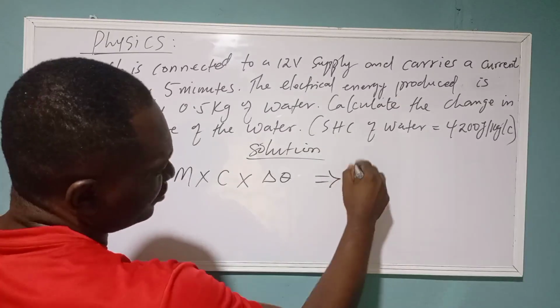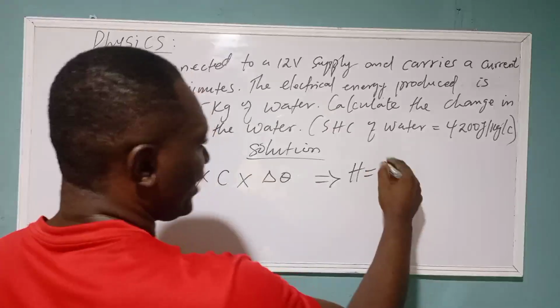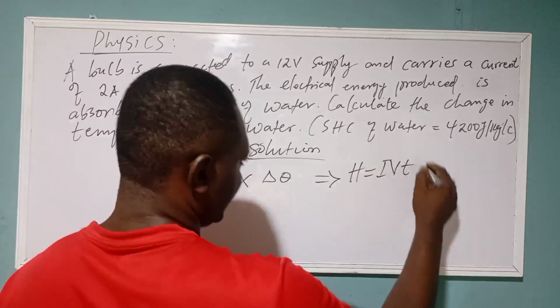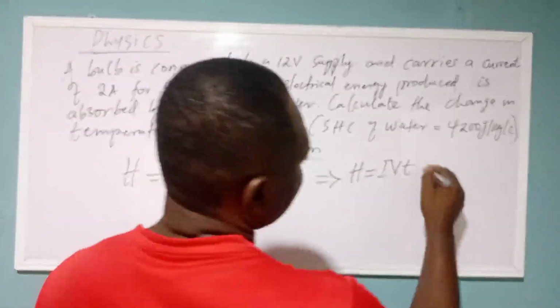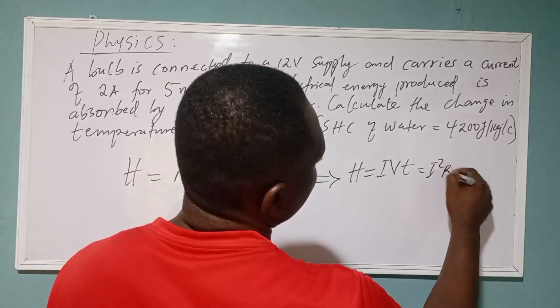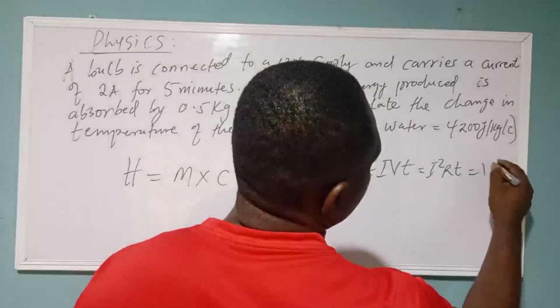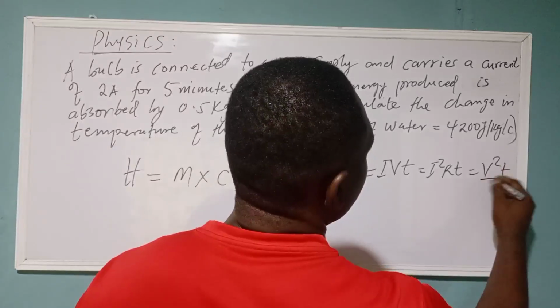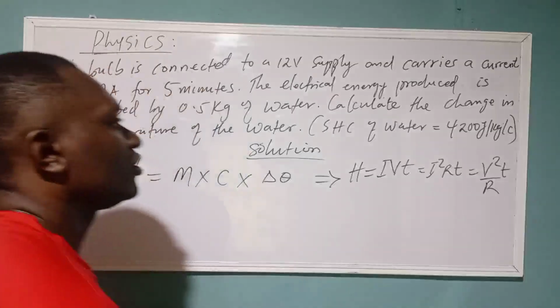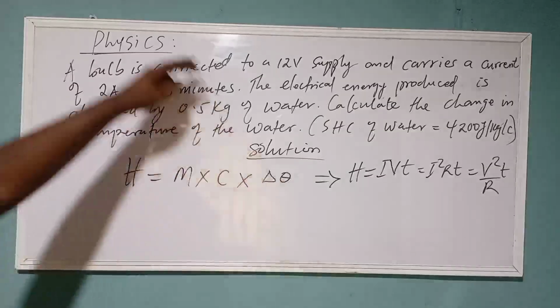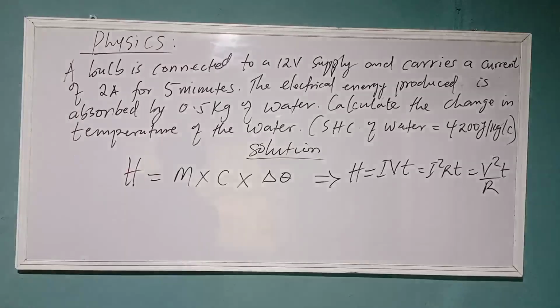So electrical energy is current times voltage times time. Electrical energy is also current squared times resistance times time. And electrical energy is also equal to voltage squared times time divided by what? Resistance. So any of these will work based on the data that is provided.